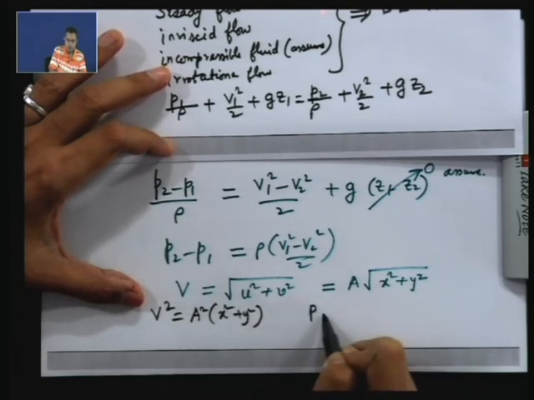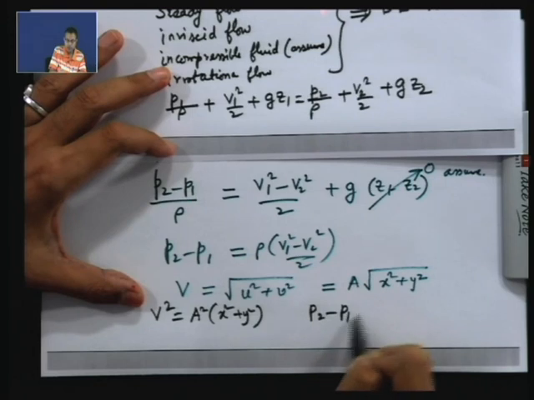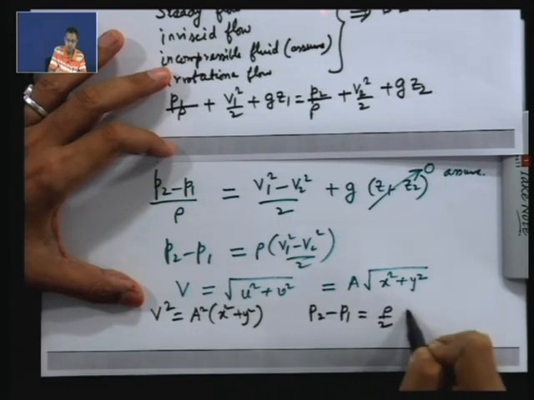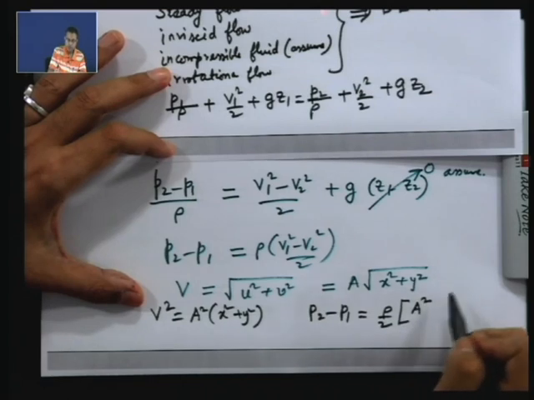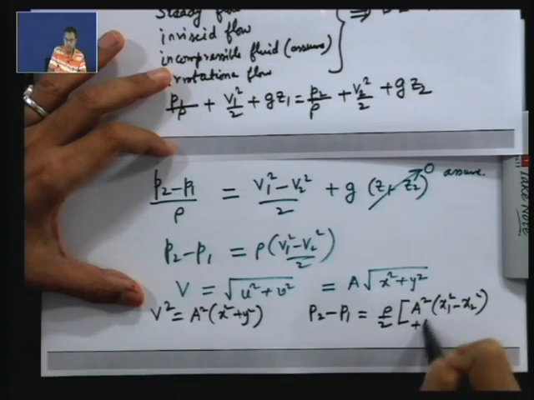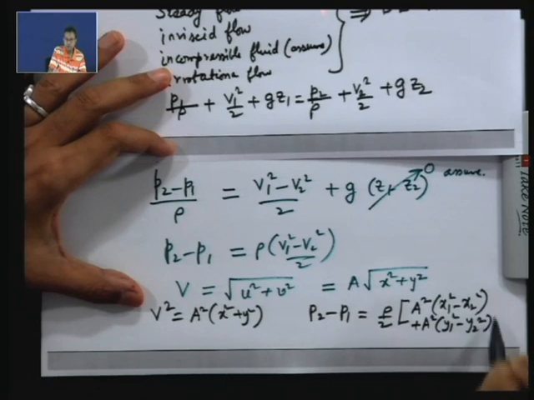So P2 minus P1 is equal to rho by 2 into a square into (x1 square minus x2 square) plus a square into (y1 square minus y2 square).